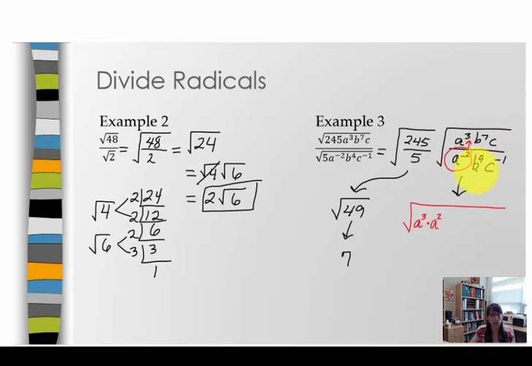Now b to the 7th compared with b to the 4th. 7 and 4 are what we're comparing. 4 is the smaller exponent, so that is the base that will shift. When it shifts, it will become negative 4. So we had b to the 7, it's now joined by b to the minus 4. Comparing bases of c, the base in the numerator doesn't have an exponent written, so remember it's really positive 1.